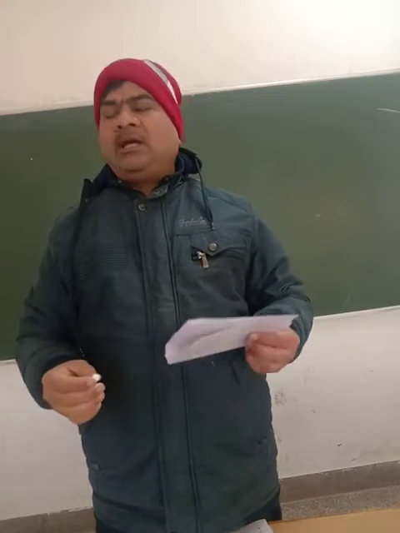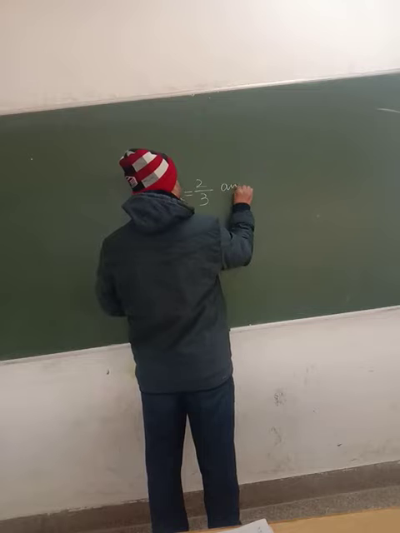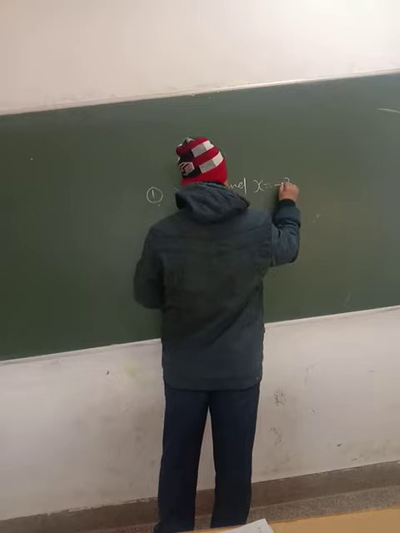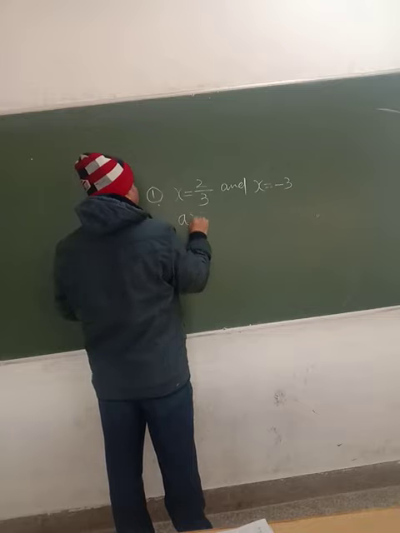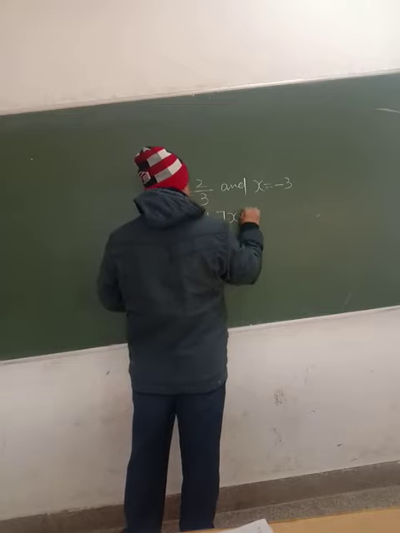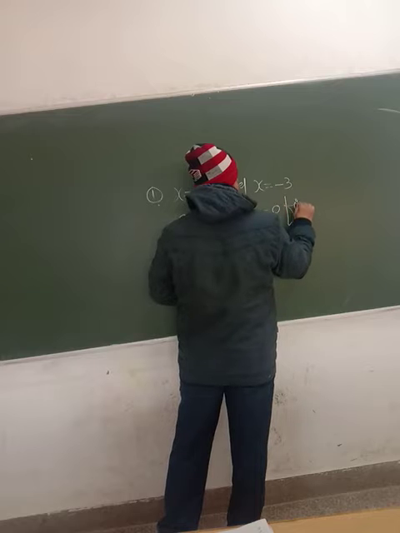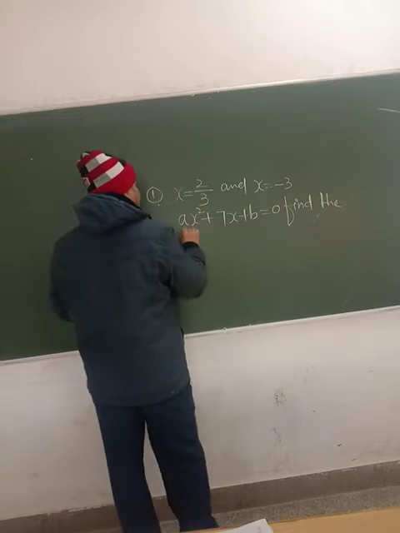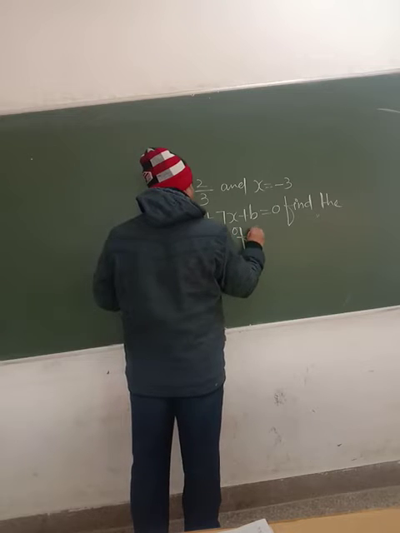If x equal to 2 upon 3 and x equal to minus 3 are the roots of the quadratic equation ax square plus 7x plus b equal to 0, then find the value of a and b.